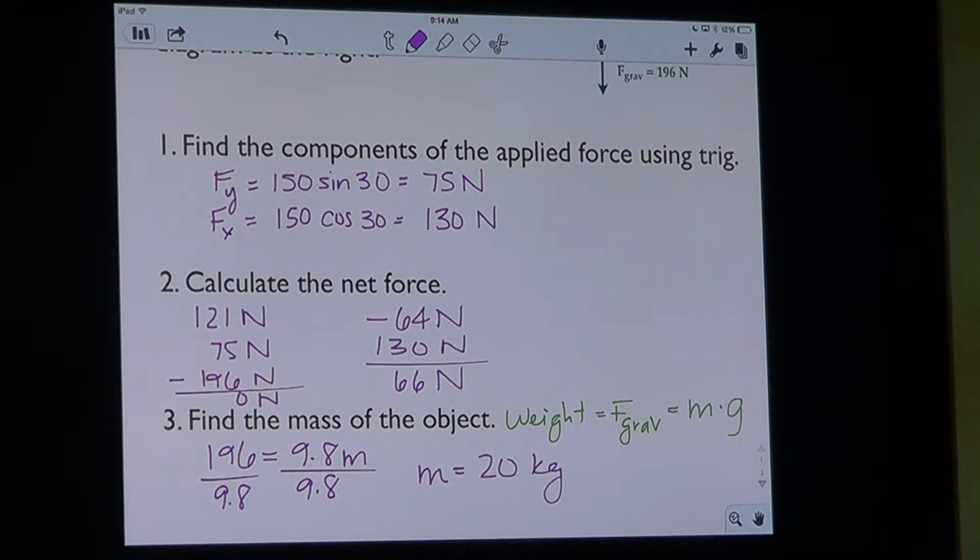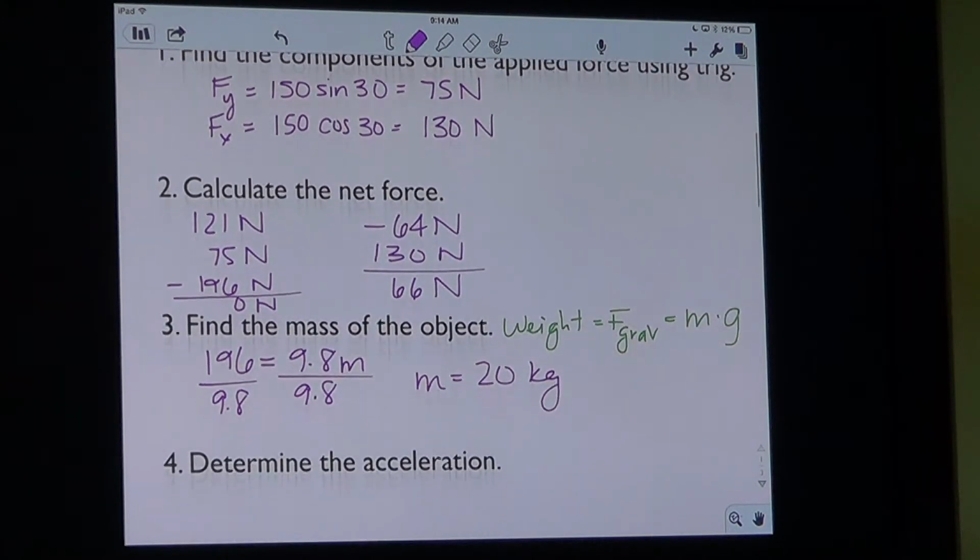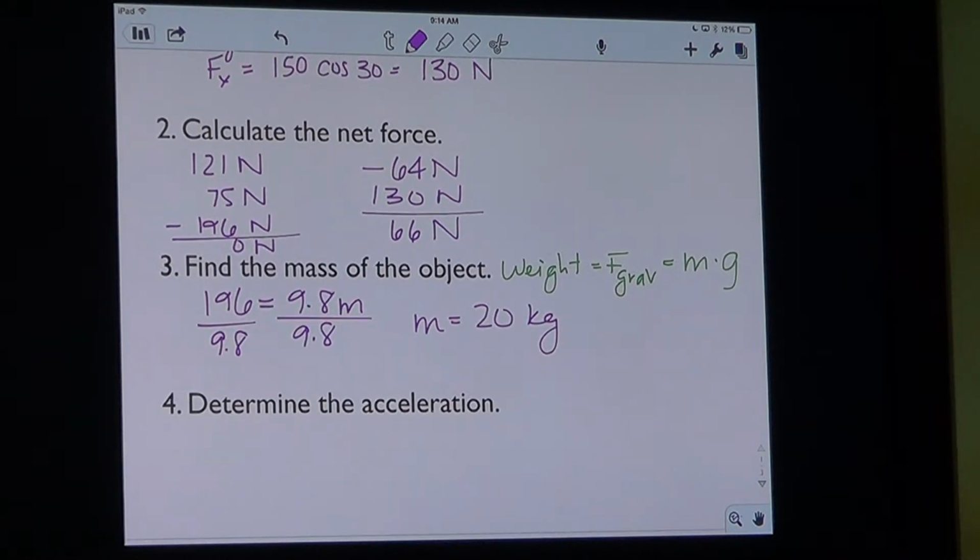And then lastly, we can find the acceleration, which is what they're asking us for to begin with, using one of those equations from Newton's second law. In this case, it would be the acceleration equals the net force divided by the mass.